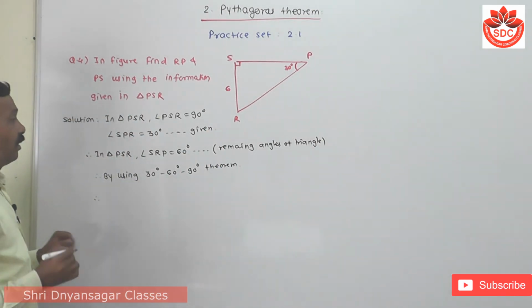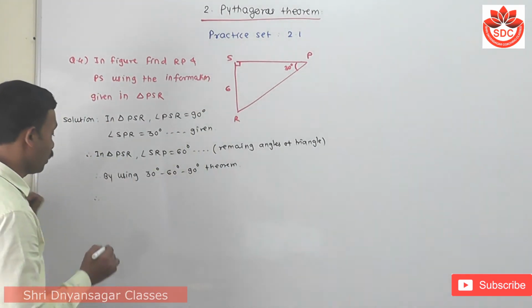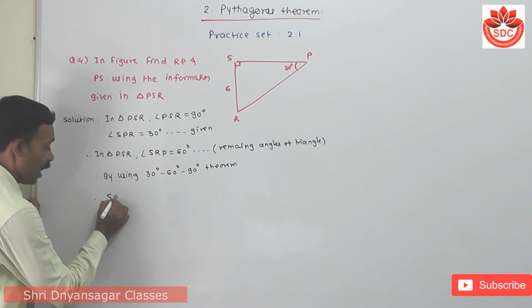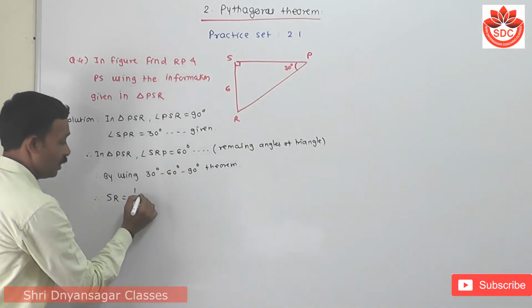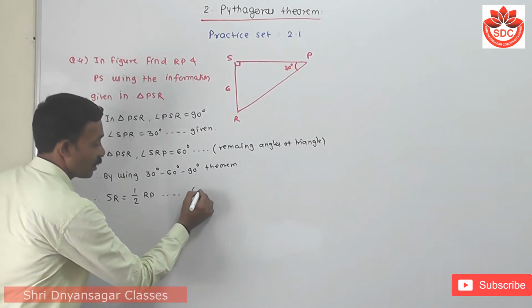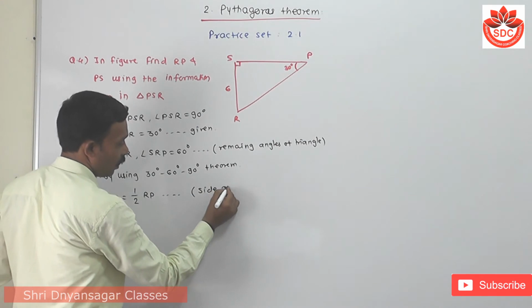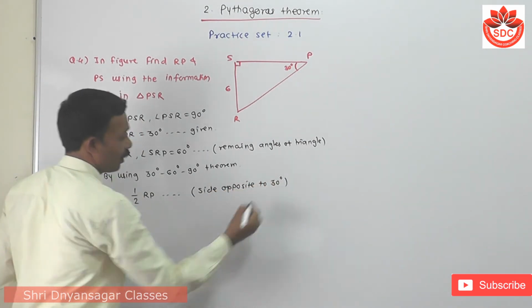Therefore, in this, first we take the side opposite to 30 degrees, which is SR. So I can directly write here SR is equal to half of its hypotenuse. Hypotenuse is RP or PR. So write the reason: side opposite to 30 degrees.